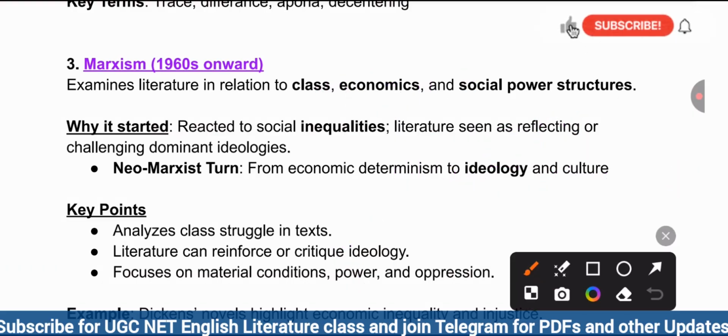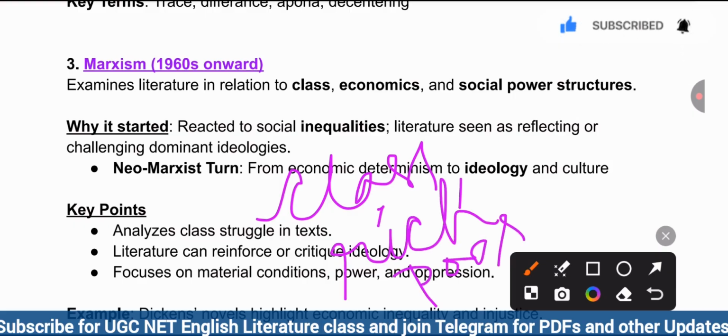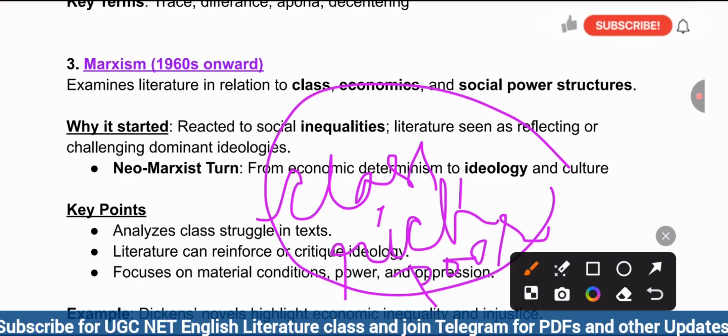Because in literature we also study class, right? Rich, poor. All these things we will find from the perspective of Karl Marx. So in Marxism theory, you will find that Marxism examines literature in relation to class, economics, and social power structures.